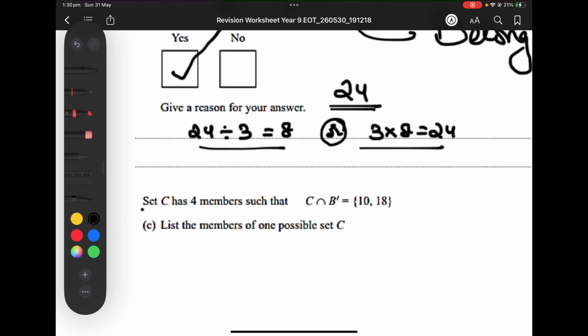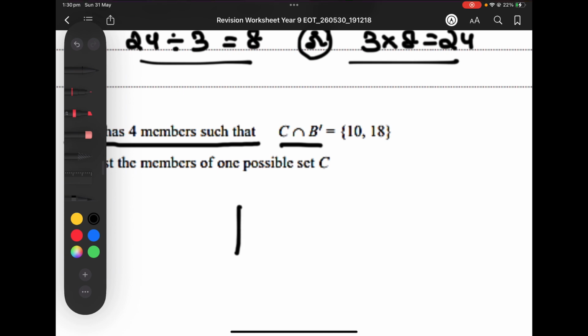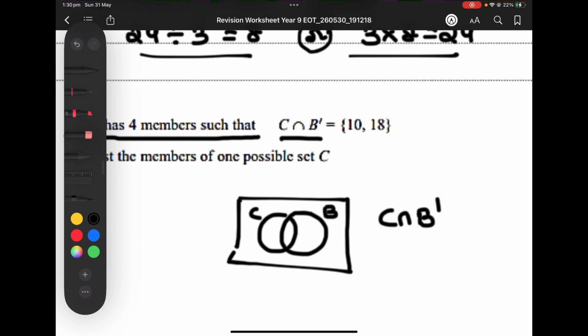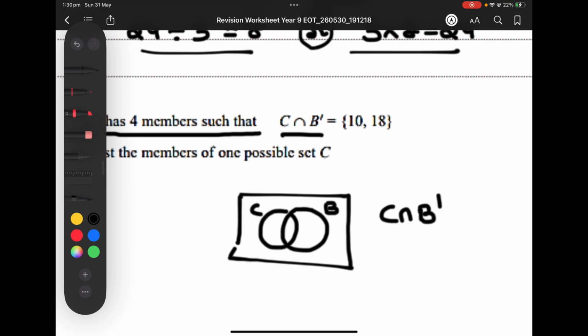Next is, set C has 4 members such that C intersection B complement is being shown here, and it is equal to 10 comma 18.